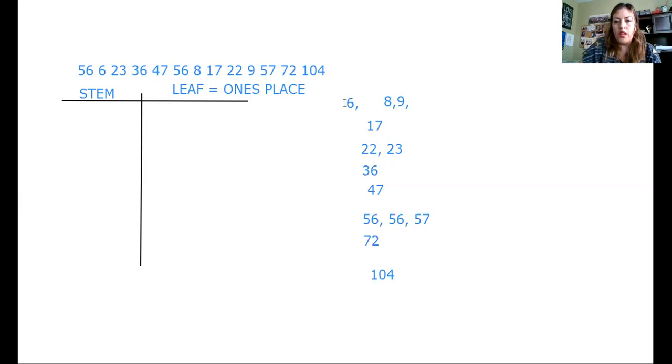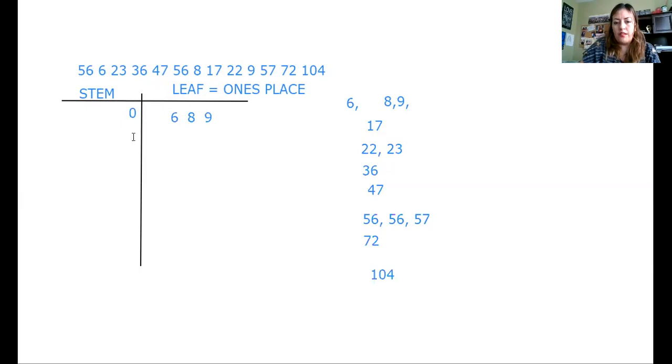Okay, so when you are about to put the 6 under the ones place, well, you don't have a tens, right? So for that, you're just gonna type a 0, and that's it. And on the leaf side, you will put a 6. You're gonna leave a space. You're gonna put an 8 for the 8s, and you're gonna put the 9 right there. So basically, you're indicating that you have a 6, an 8, and a 9.